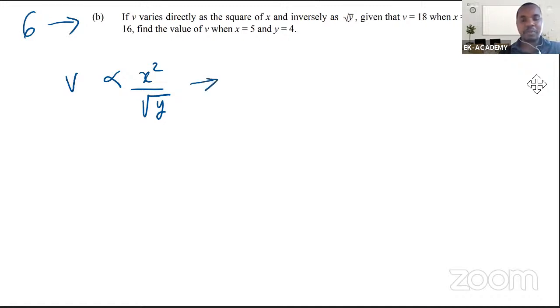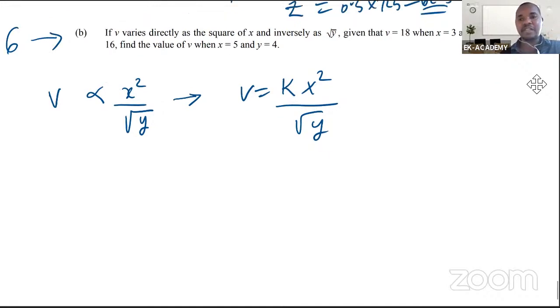So we can remove the proportionality sign. So we can say that V equals K X squared over the square root of Y. Now we are going to find the constant of proportionality by using the initial values.